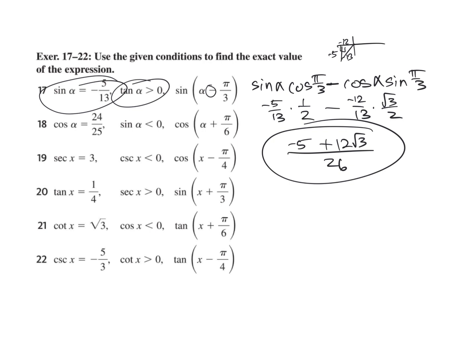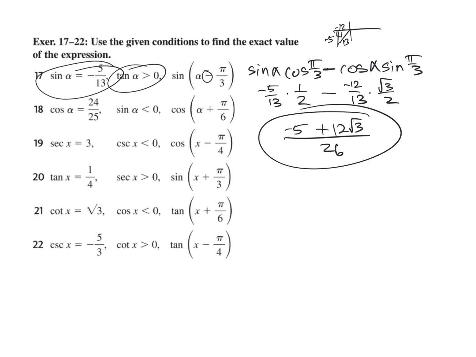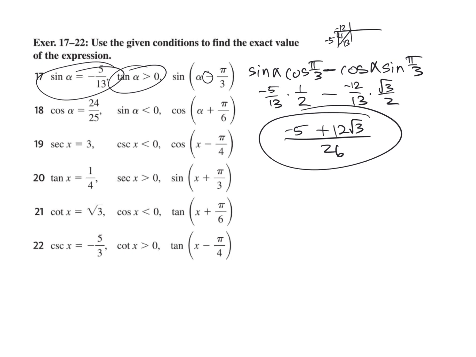Okay, so let's go ahead and do number 18. So the cosine, that was 17. Number 18. Cosine is positive and the y is negative. For x to be positive, y is negative. You're in the fourth quadrant, somewhere down here.